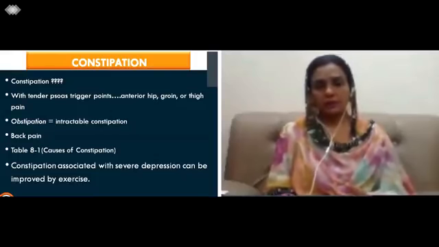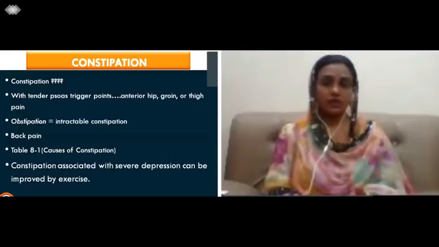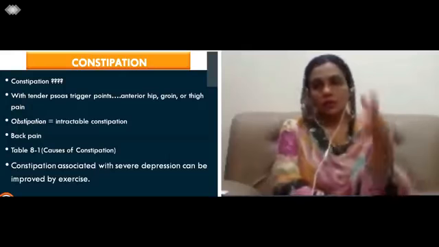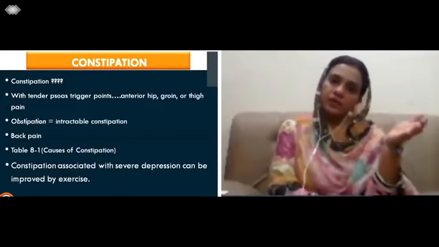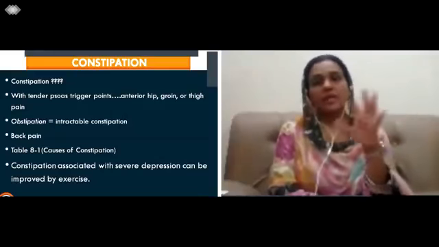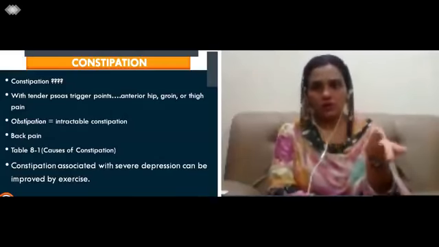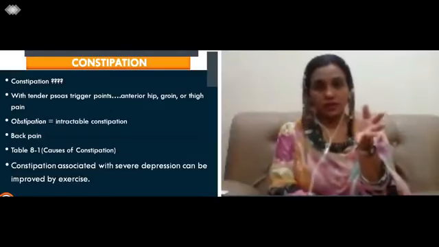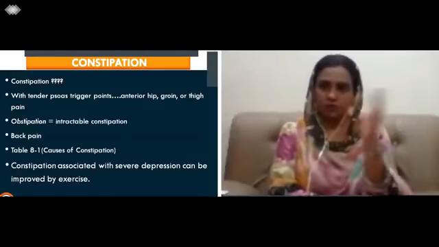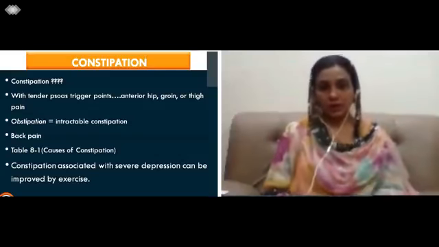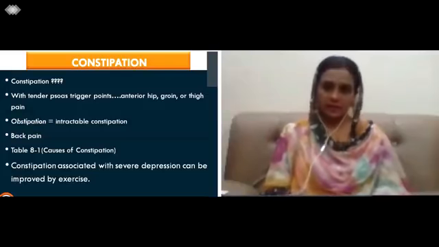Then the thing which is mostly related to you is the lack of physical activity. Lack of physical activity is a cause of constipation, and the other reason is sometimes personality or mood change, especially depression, which can be a cause of constipation. So in that case, how you can help is that if the constipation is associated with depression, then it can be improved with exercise.